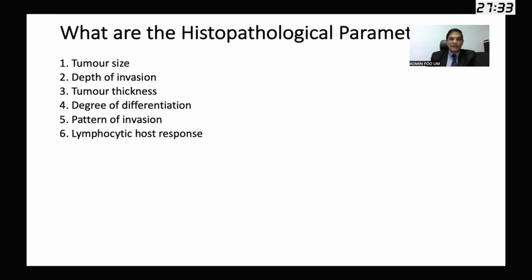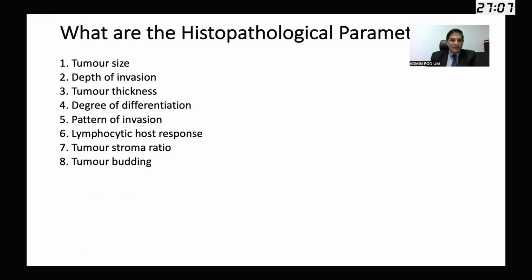Now the latest thing coming is the prognostic value of tumor infiltrating lymphocytes, the TIL. It has been included in the Royal College of Pathologists guidelines as a non-core element. And the tumor stroma ratio, again, a recent addition to histopathological parameters. We know the stroma-rich tumors behave poorly compared to the stroma-poor tumors.